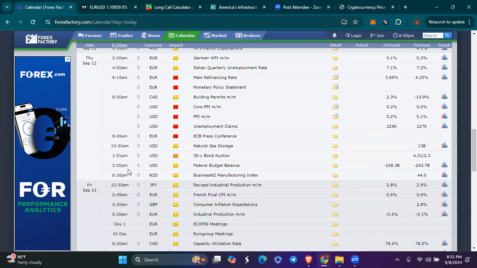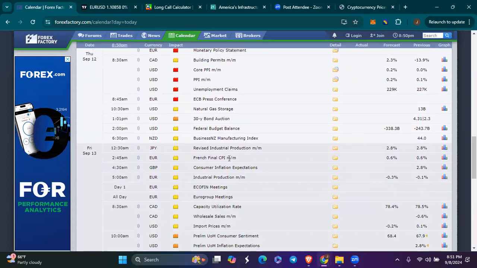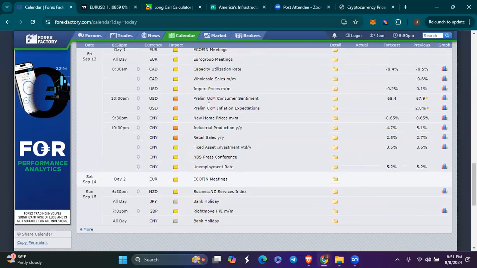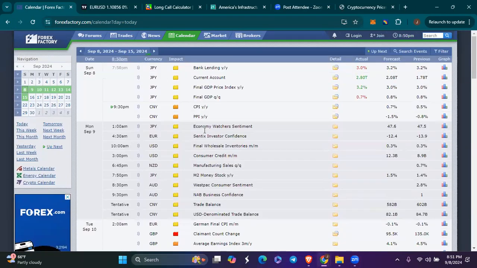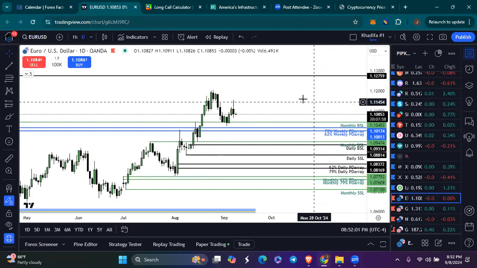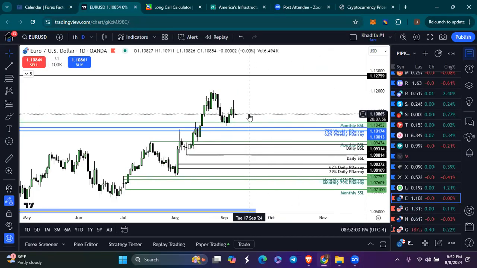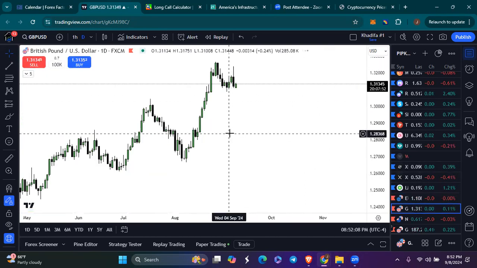Then that 30-year bond comes out at 1:01 p.m. And on Friday, we got consumer sentiment at 10 a.m., inflation expectations at 10 a.m. So yeah, we definitely got some high impacting news drivers this week. Let's see if that's the catalyst to drive euro up to that yearly high.